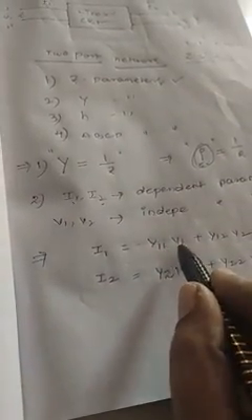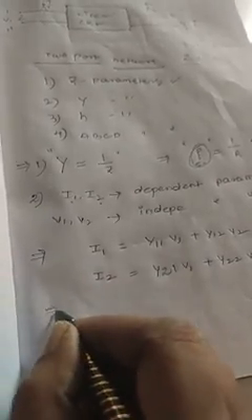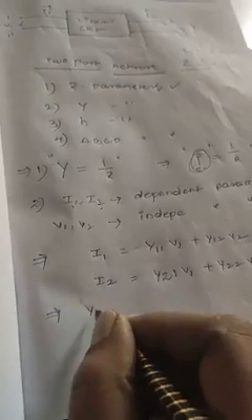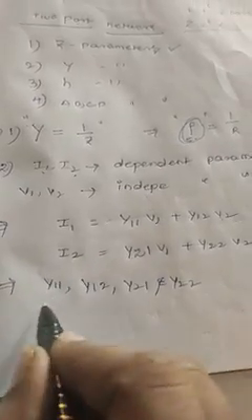When we observe the two equations, I1 and I2 are dependent parameters, and V1 and V2 are independent. Here we wrote four functions: Y11, Y12, Y21 and Y22. These four functions are called network functions, also called admittance parameters.